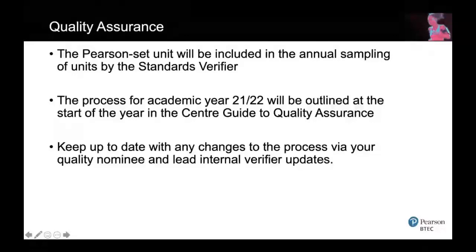Again, that will outline the process, and it will also tell you exactly how many learners' work will be reviewed as part of this sampling process. Remember, sampling changes on an annual basis, so it's vital that you download the most up-to-date quality assurance guide that's available for your level of programme.